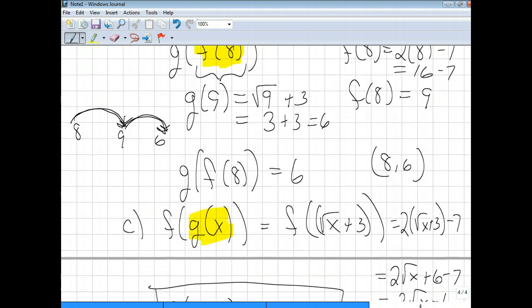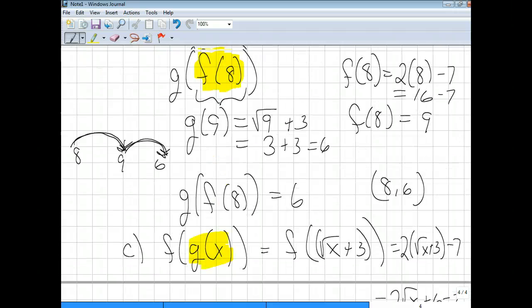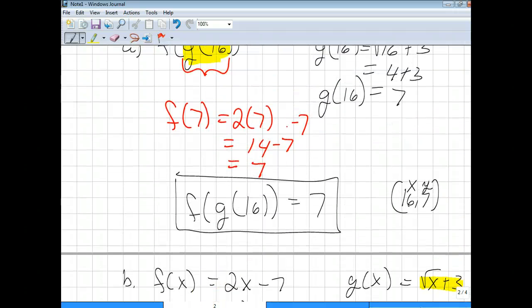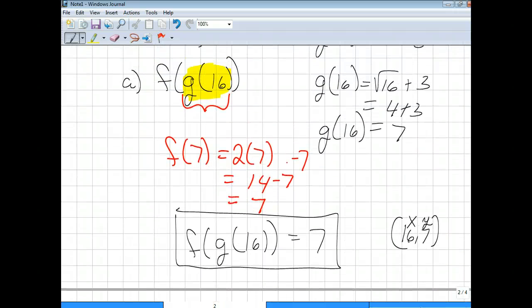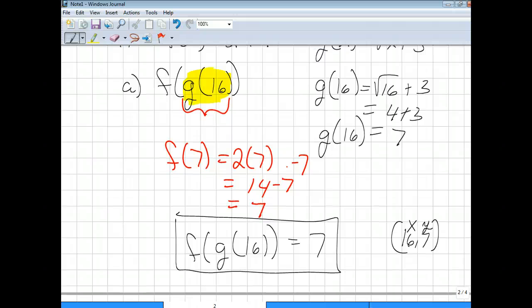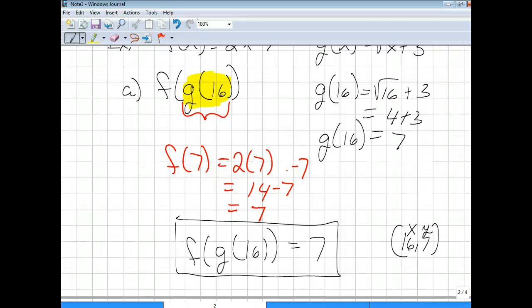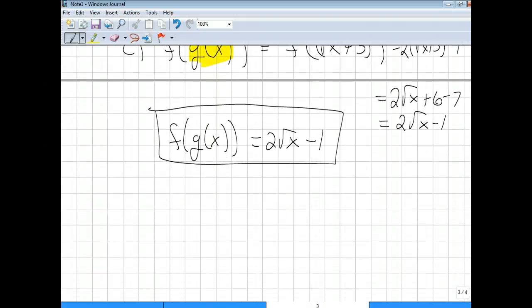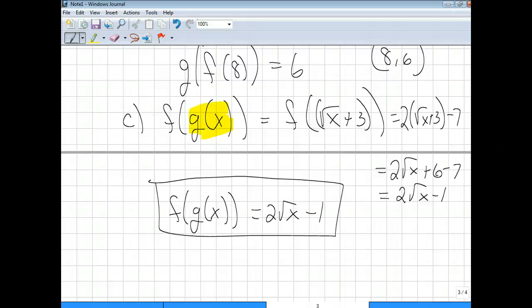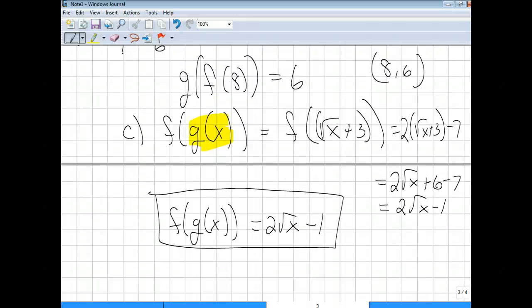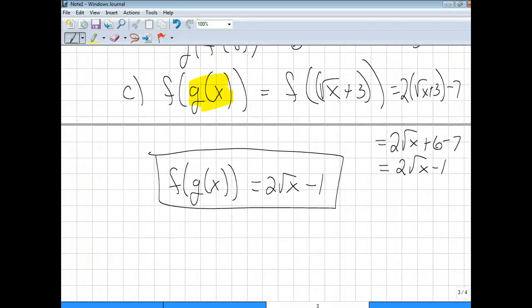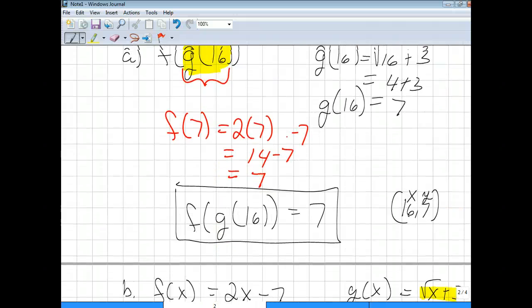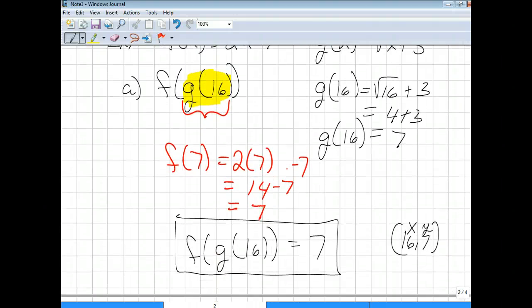Notice now, going back to our first example, f of g of 16. Notice that that came out to 7. I started out with 16, g of 16.